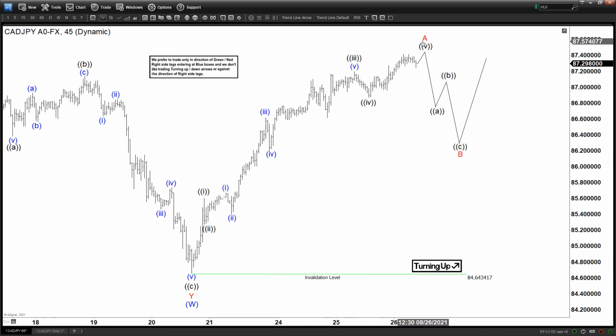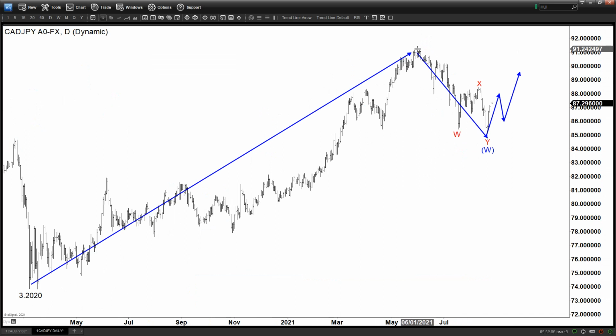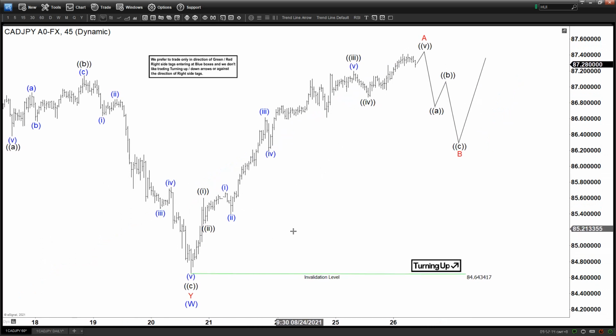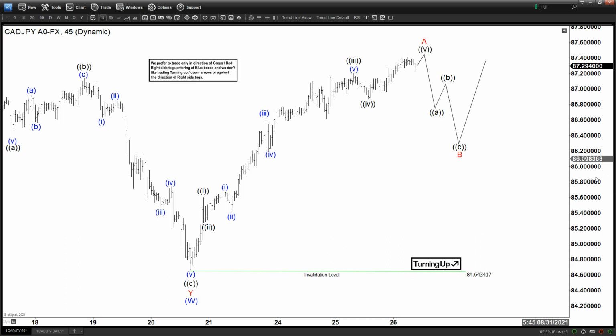So this could be wave 1, this could be wave 2, and then the extension higher is going to be wave 3 potentially. Then it can break above 91.2, the previous peak in the daily. But again, understanding the possibilities, the expectation is simply that as long as we stay above 84.64, we potentially can see at least a C leg to the upside.